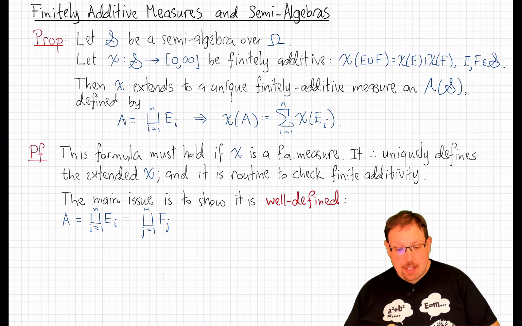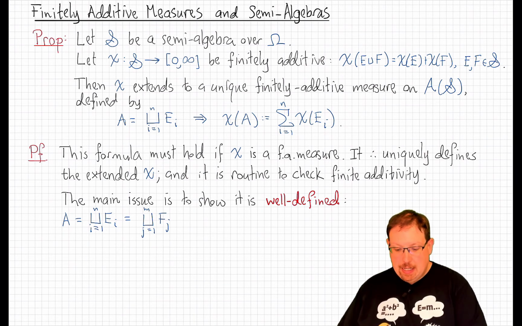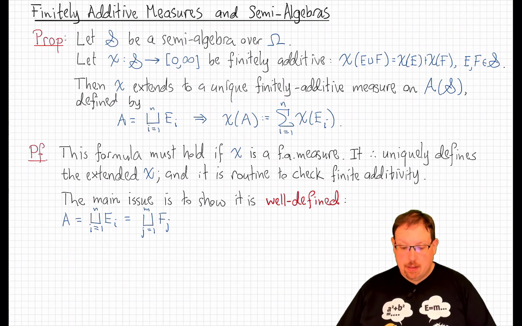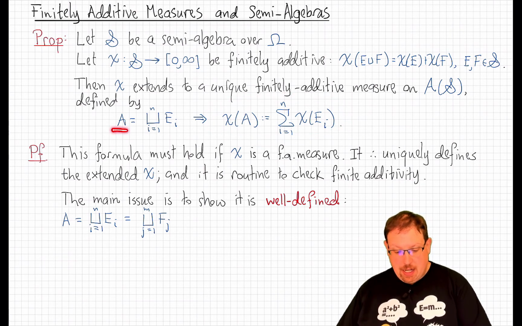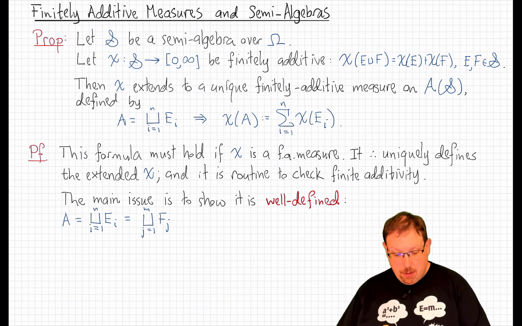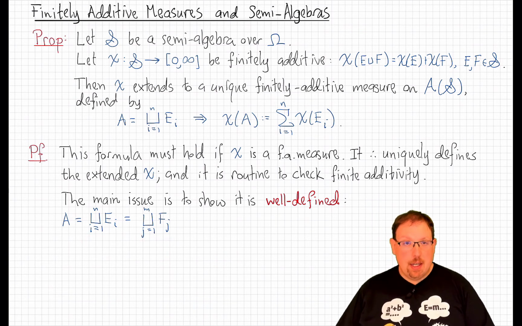There is one subtlety, though. It's not clear that this formula is well defined. Any particular set in the field generated by the semi-algebra might potentially be decomposable as disjoint unions of elements from the semi-algebra in many different ways.